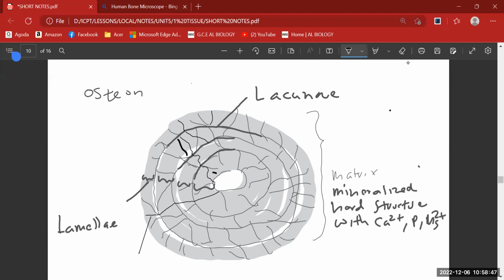So these lines are called canaliculi. Canaliculi are canals, a link between these lamellae. And finally, all the canals go to the middle canal called the central canal.